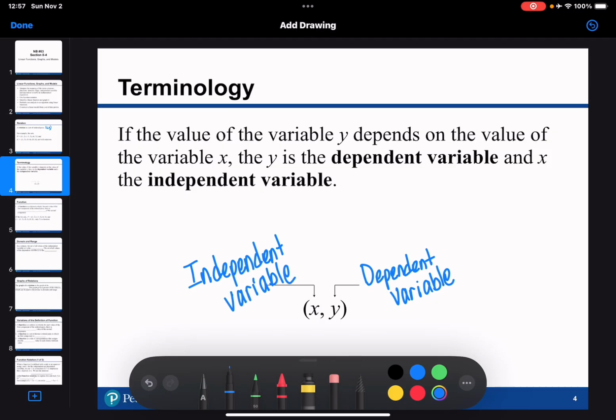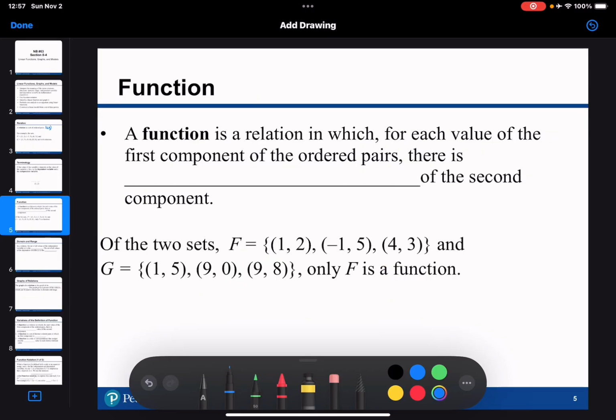Remember, y depends on x. x can stand alone, y cannot.